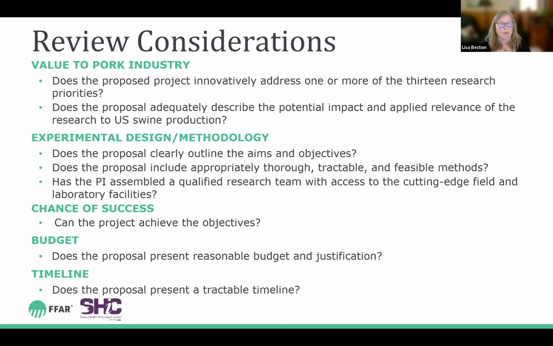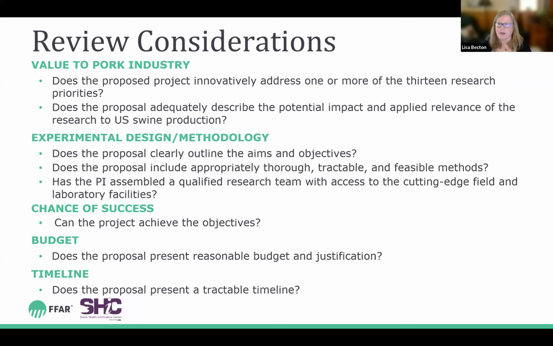Our experimental design review, does the proposal clearly outline the aims and objectives? Is this something that can be easily described to producers and veterinarians alike? Does the proposal include appropriately thorough, tractable, time-bound and feasible methodology? Has the PI assembled a qualified research team with access to cutting-edge technologies in the field and also laboratory facilities?